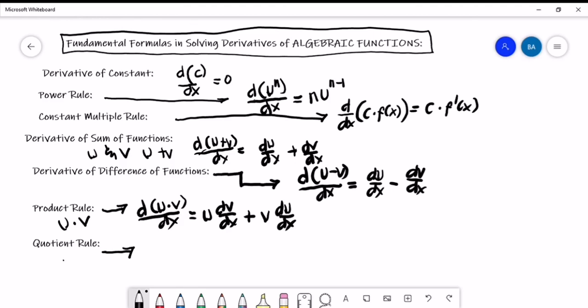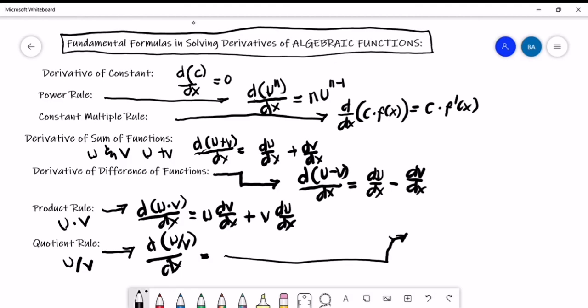If we have u divided by v as our function, where u and v are the functions in a quotient, the theorem for the quotient rule is that the derivative of u divided by v with respect to x is equal to v du dx minus u dv dx, over v squared.